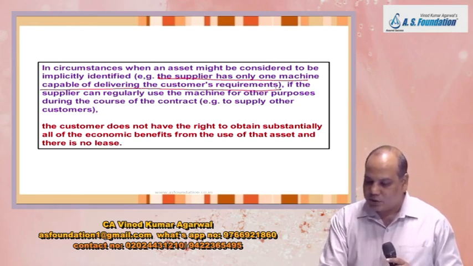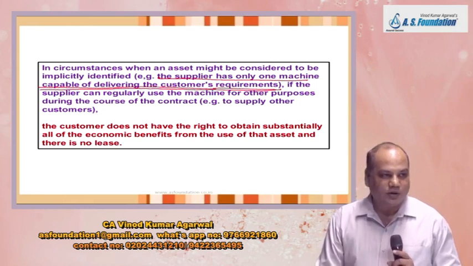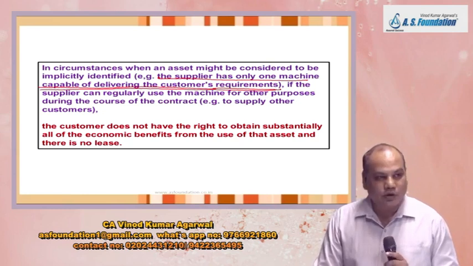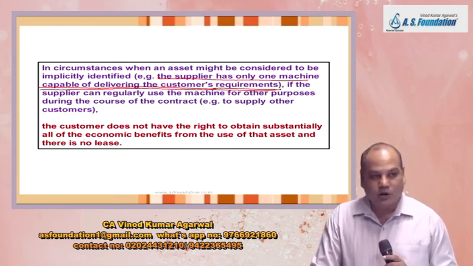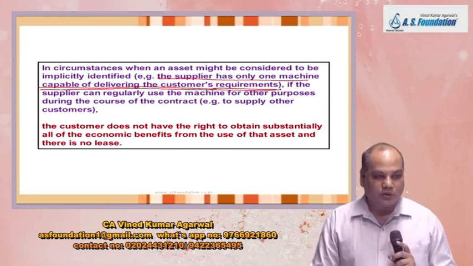Implicitly means the supplier has only one asset. If the supplier can regularly use the machine for other purposes during the course of the contract, for example, to supply other customers, then the customer does not have the right to obtain substantially all the economic benefit from the use of that asset, and there is no lease.